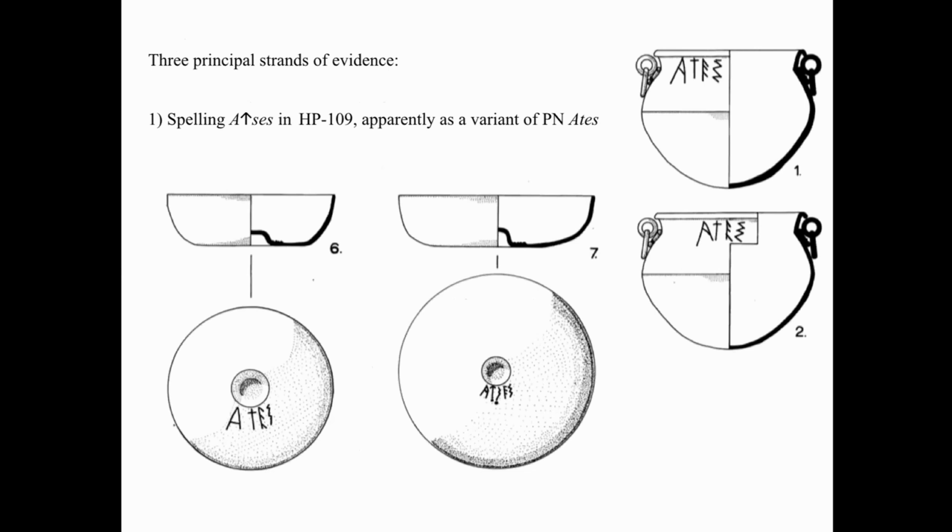First of all, this is the evidence of one of the bowls from Bayender, which feature only one name, Ates. And on the one bowl, one finds the writing Atses, which looks like a redundant spelling of the same name, with this letter and with the additional s to indicate that it was assimilated.